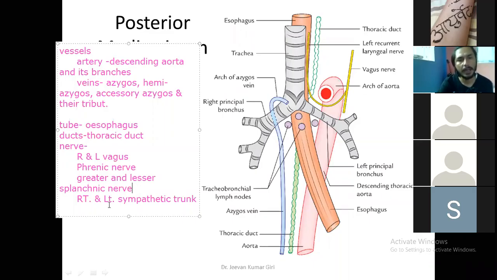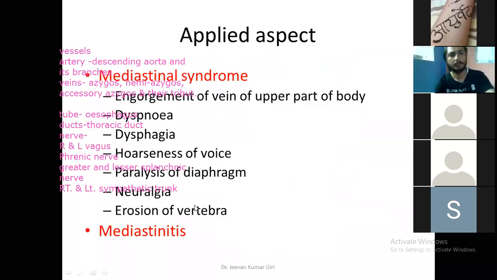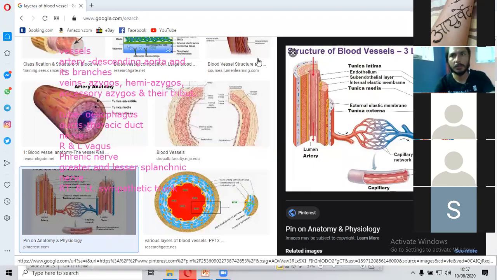And the next one is the right and left sympathetic trunk. For the right and left sympathetic trunk, I will show one picture. Let us see one picture from Google.